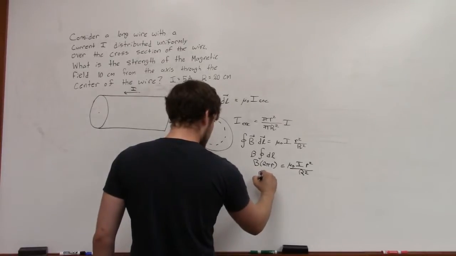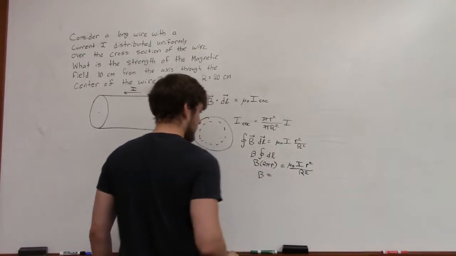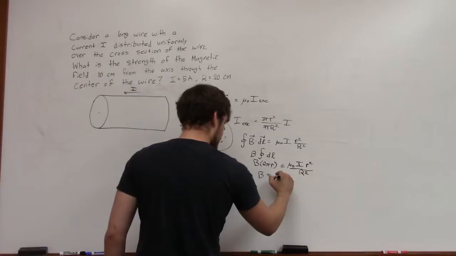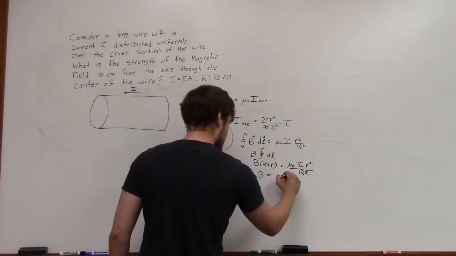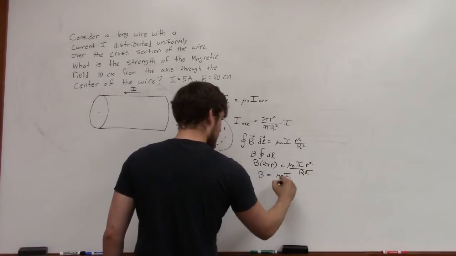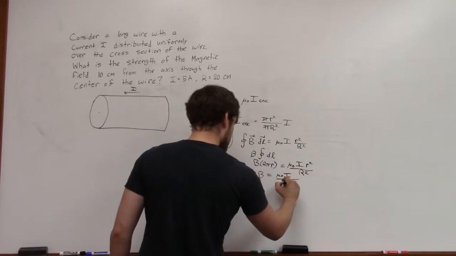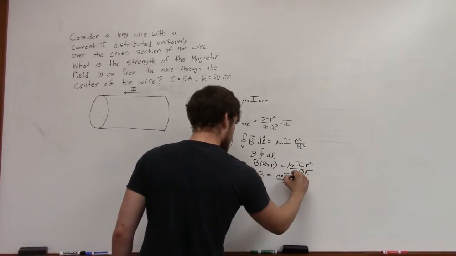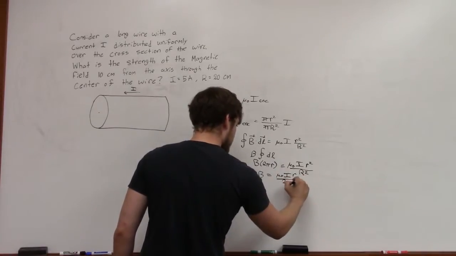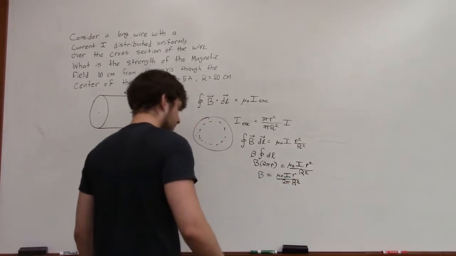If we divide by 2 pi r, we're left with the strength of our magnetic field, which is going to be equal to mu naught I r over 2 pi big R squared.